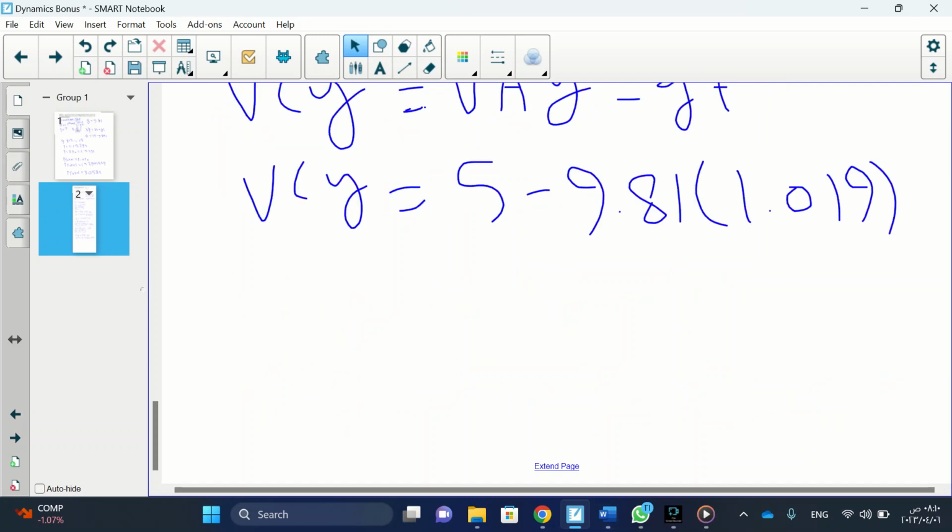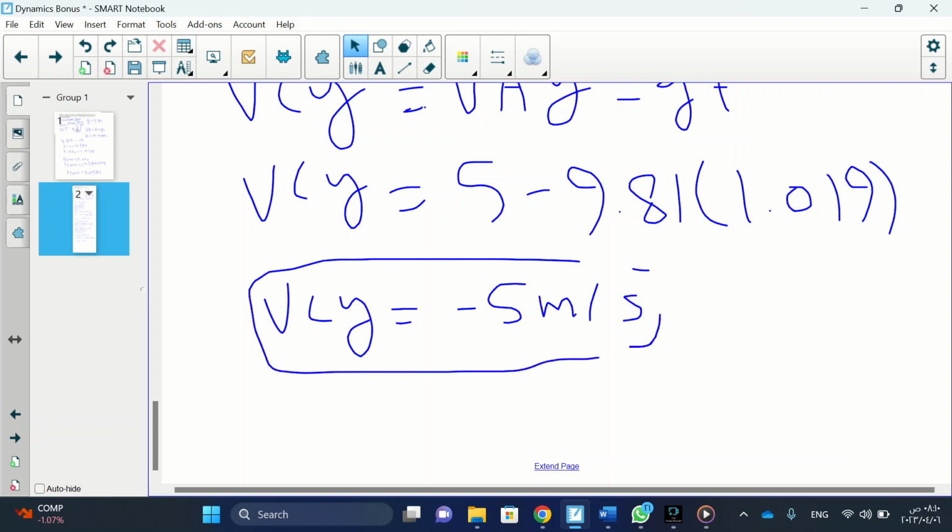So using this equation, Newton's law, we can find VCY. VCY will equal minus 5 meters per second. Some people would say, why is it minus?